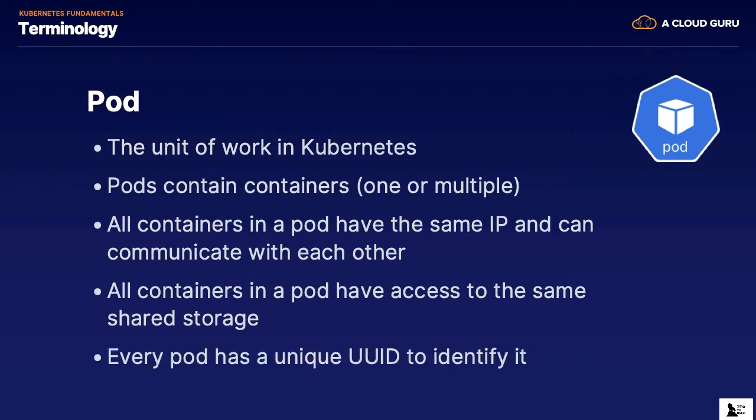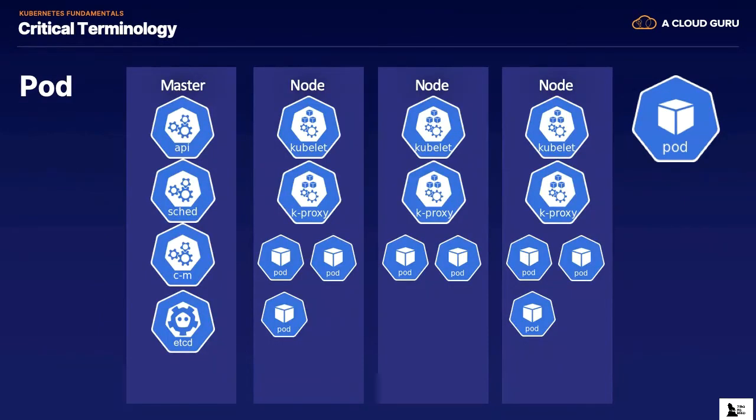Pods are identified by a unique UUID. And if we take a look at our diagram here with our Kubernetes cluster, where we have our master node and 3 worker nodes, you can see on each of these worker nodes, that's where we're running our pods. Inside those pods are our containers, which contain our applications.